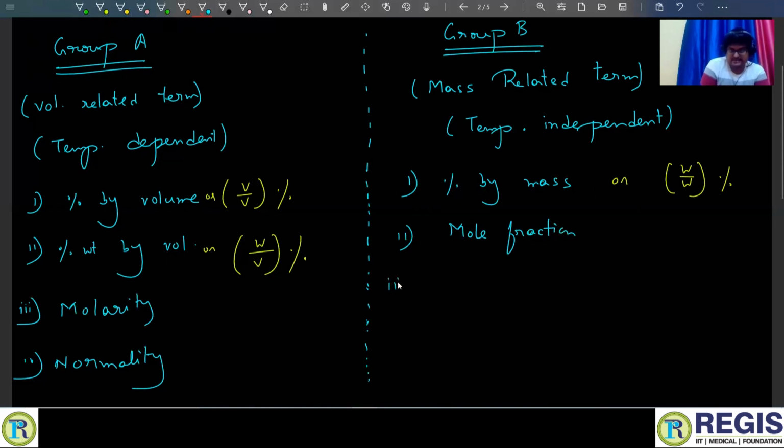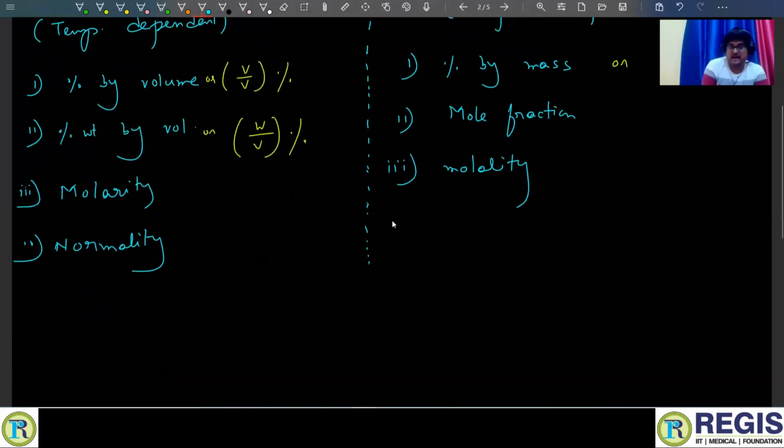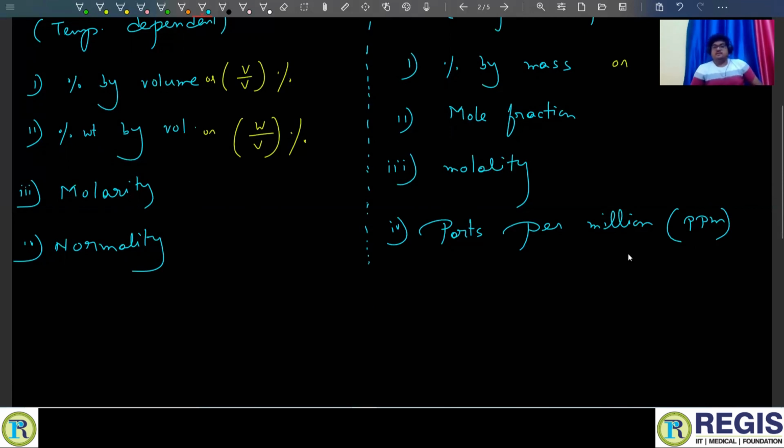Third one is molality. Fourth one is parts per million. That means ppm. Okay. Is it clear? That is about group A and group B.